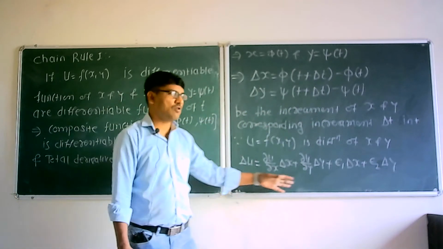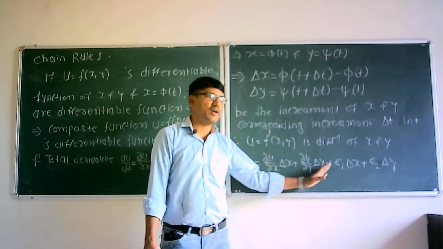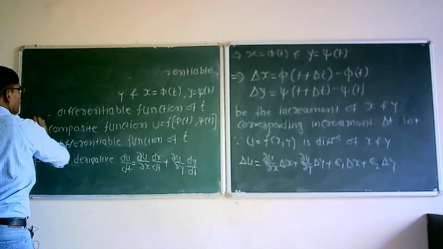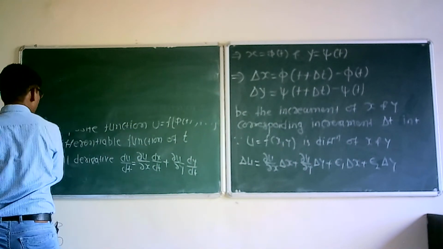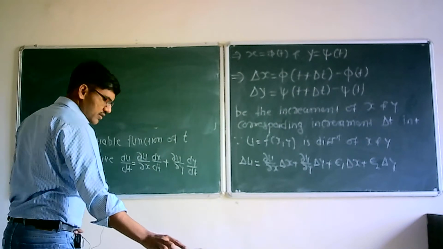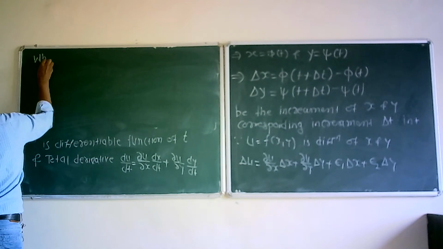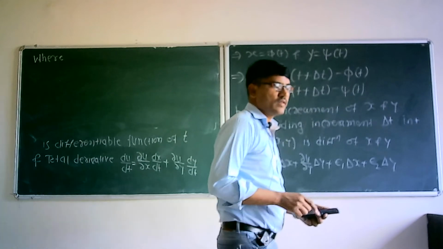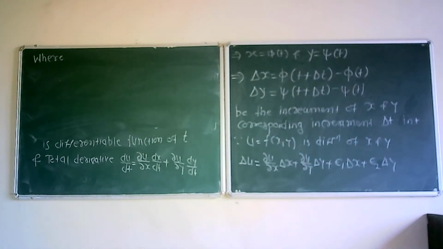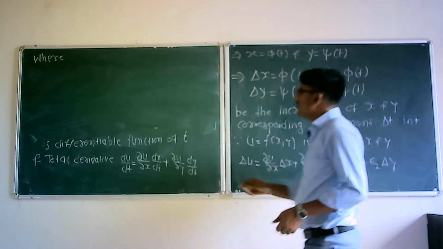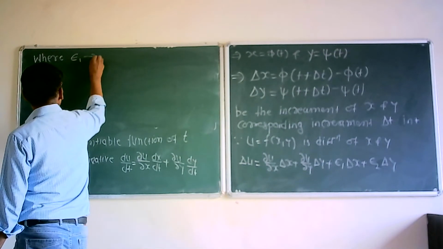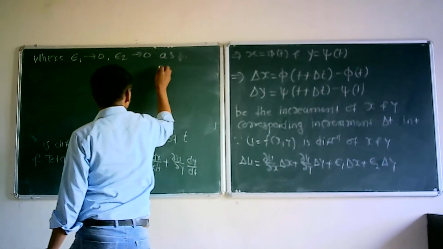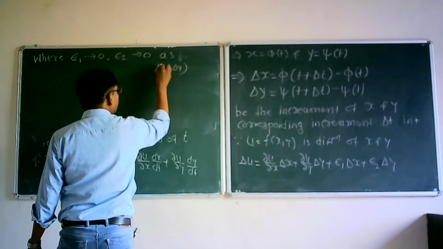This is the definition of differentiability, where epsilon 1 tends to 0 and epsilon 2 tends to 0 as delta x, delta y tend to 0, 0.